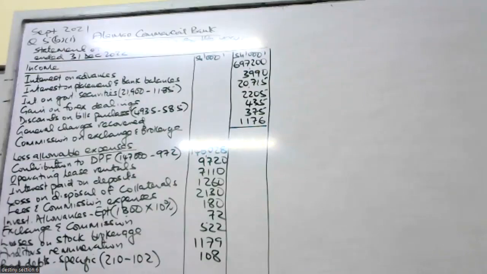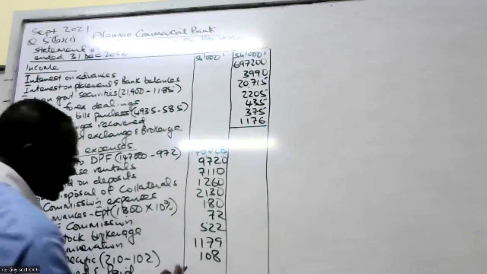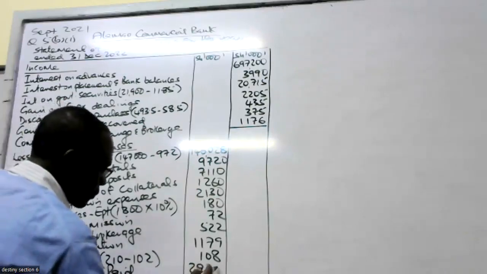Investment in government securities, bills receivable, guarantees, interest accrued and paid is 2961.